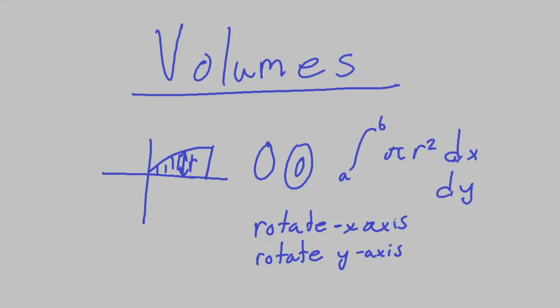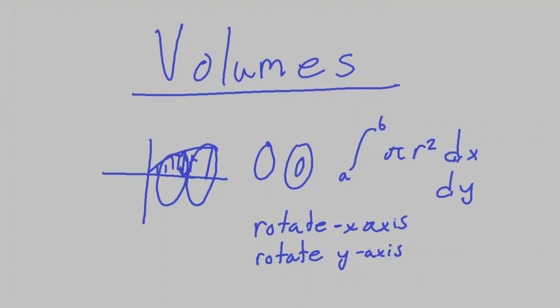So the strategy that's used is, let's say we rotate this graph around the x-axis, it would create a circle type of shape. It would be kind of like a bunch of circles that would mush together into a cylinder of some sort.